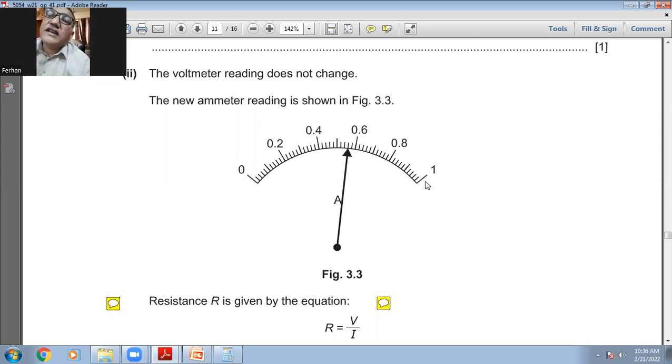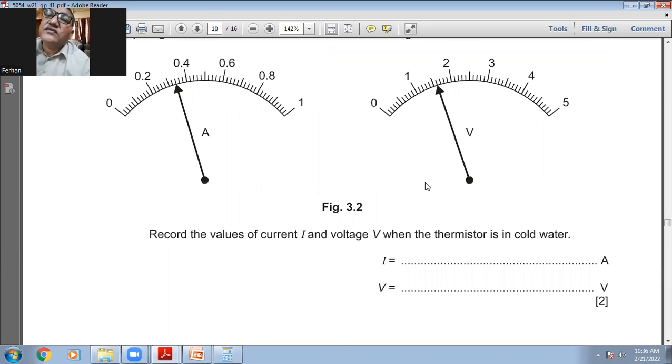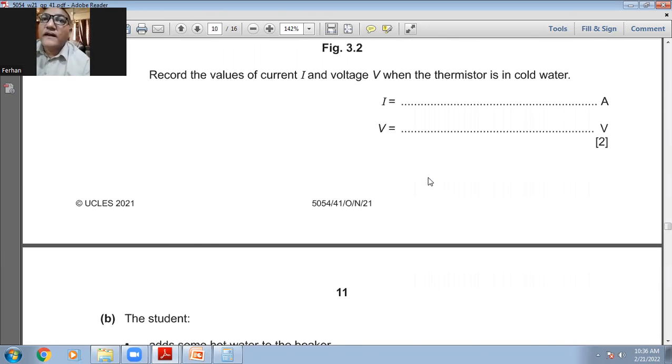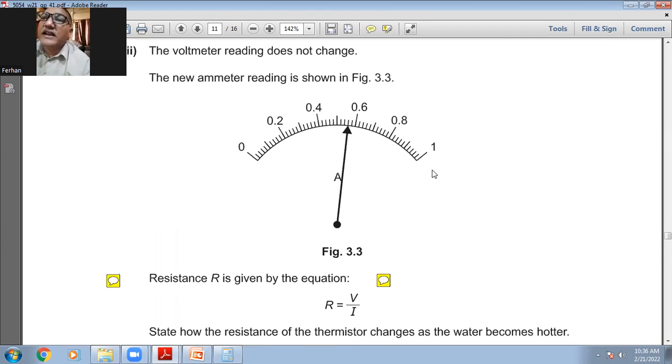So before, the reading was not 0.56, it was 0.34. But now the voltmeter reading has not changed, but the current value has increased. It has changed from 0.34 to 0.56.